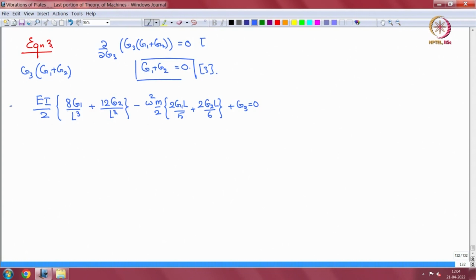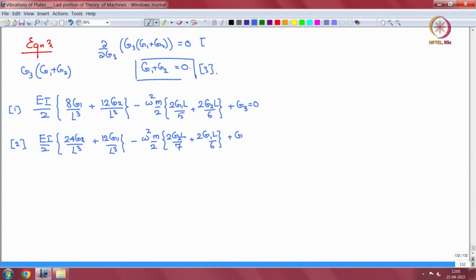So this is actually the first of the equations. Then the second of the equations, EI by 2 [24 G2 by L cube plus 12 G1 by L cube] minus omega square m by 2 [twice G2 L by 7 plus twice G1 L by 6] plus G3 equal to 0. These are the three set of equations.